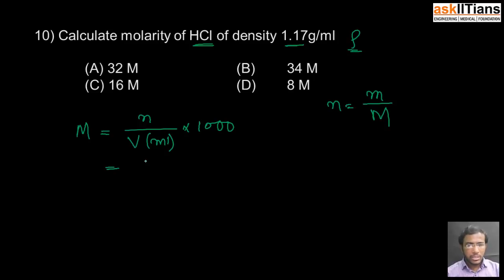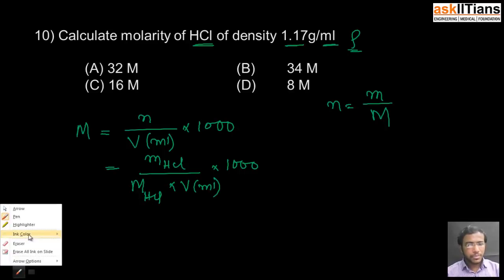So it is mass of HCl divided by the molecular mass of HCl is the number of moles, into 1000 divided by the volume in ml. If you take volume in liters, you don't need to write 1000, but if you take ml, you have to multiply with 1000. I am taking ml because the density is given in ml, to avoid confusion.